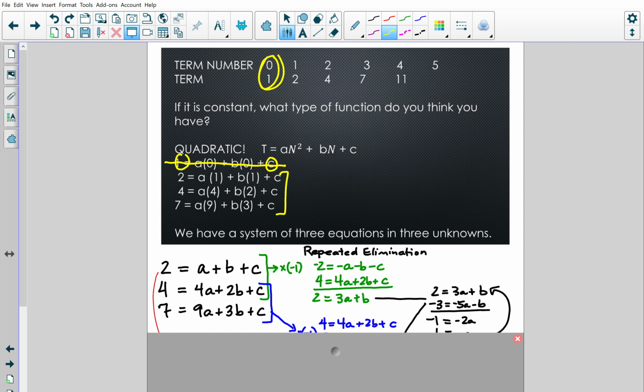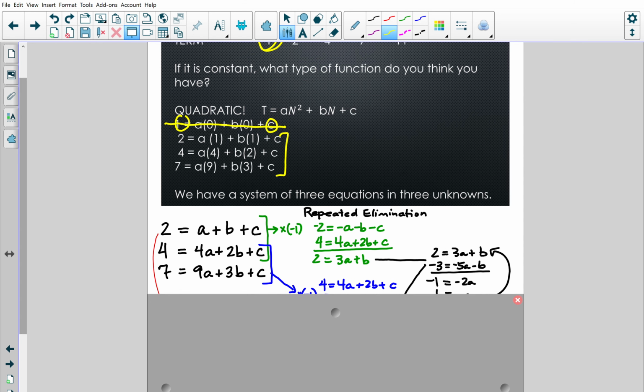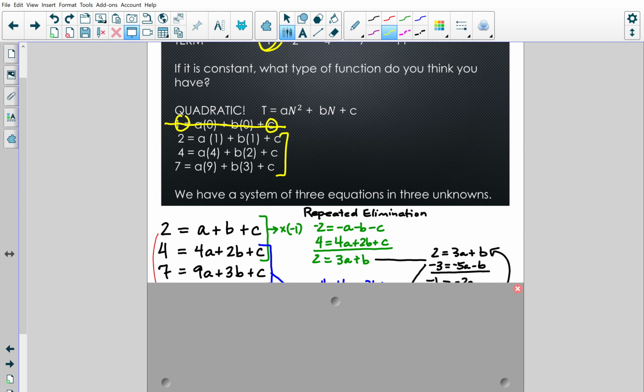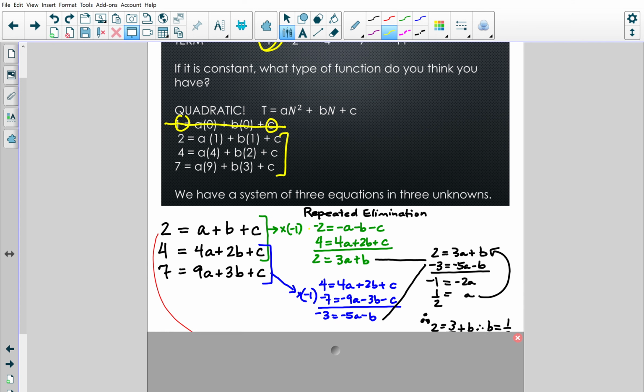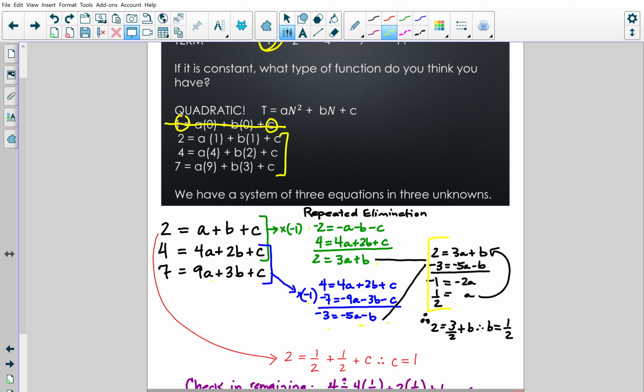So I took those 3 equations and I did repeated elimination. So those bottom 3 equations down here, I multiplied the top equation by -2 and then eliminated. Then I took the bottom 2 equations, I multiplied that bottom equation by -1 and eliminated. Then I took those 2 in a and b and eliminated those, the b over there, and got a, and then I went backwards and solved for a, b, and c.